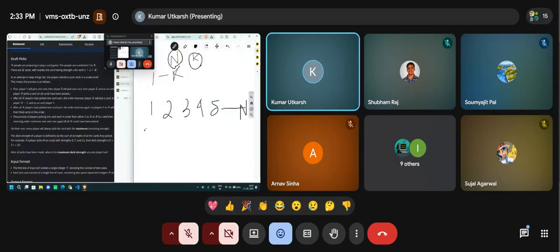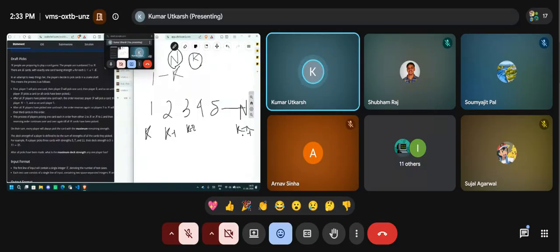So one gets the kth card, means the kth card has power of k, right? Second gets k minus 1. Third gets k minus 2, like this it goes on. N gets k minus n plus 1, right? So this is what we are getting.